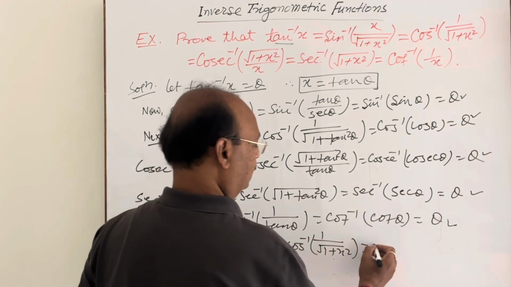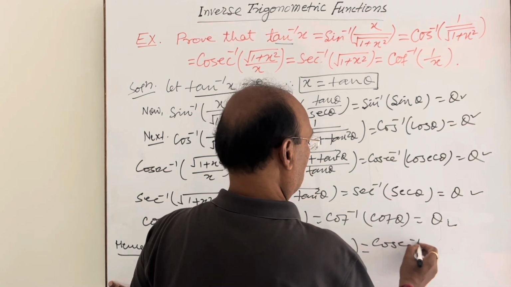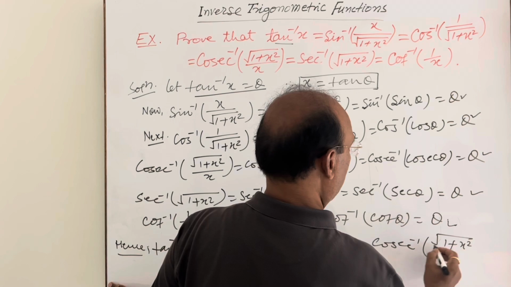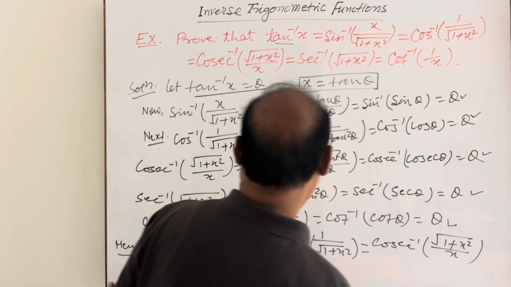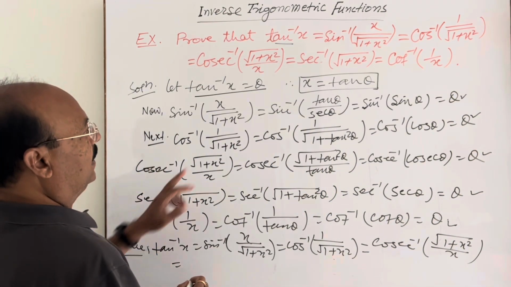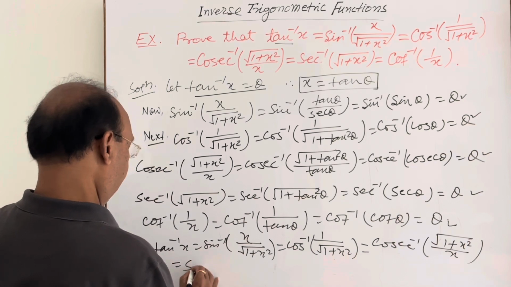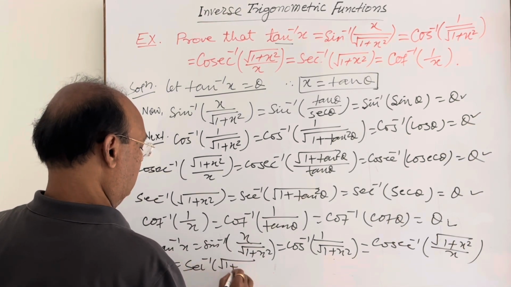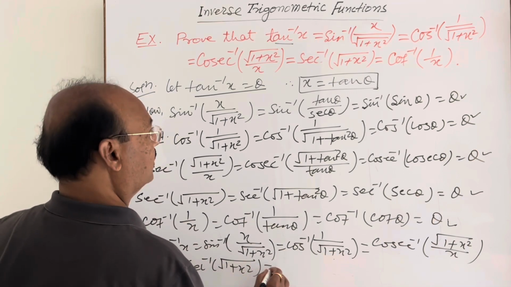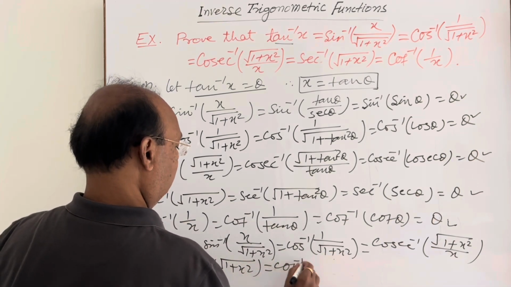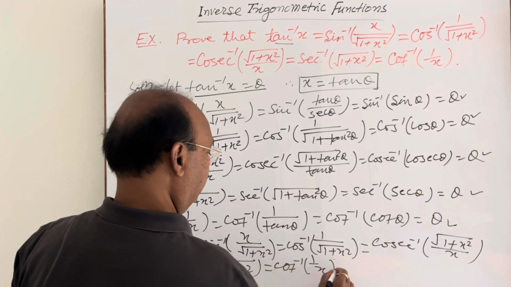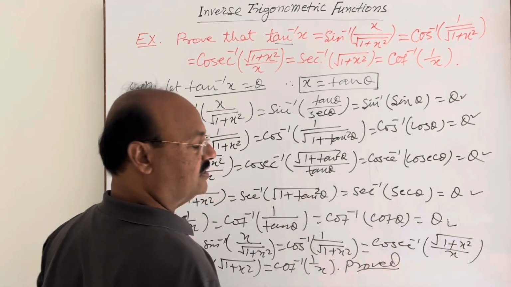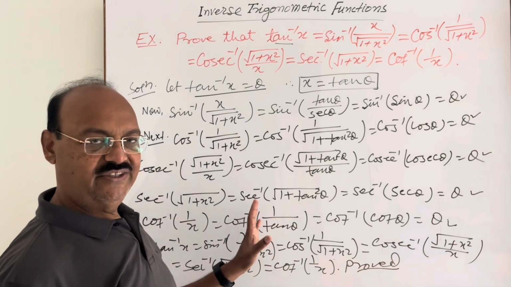This is equal to cosec inverse of root over 1 plus x square by x, and this is equal to sec inverse of root over 1 plus x square, and this is equal to cot inverse of 1 by x. So it has been proved here. Very interesting solution, very simple, understood it.